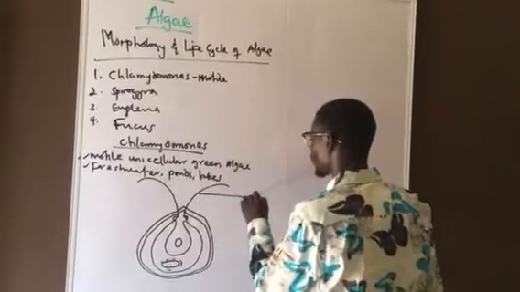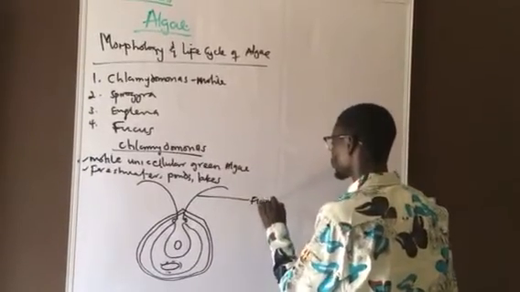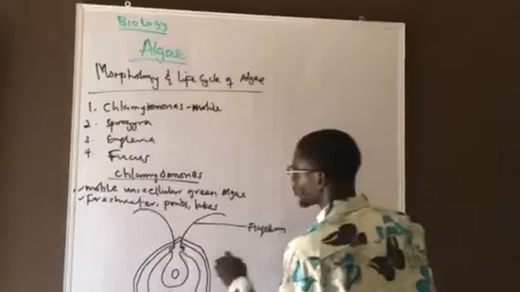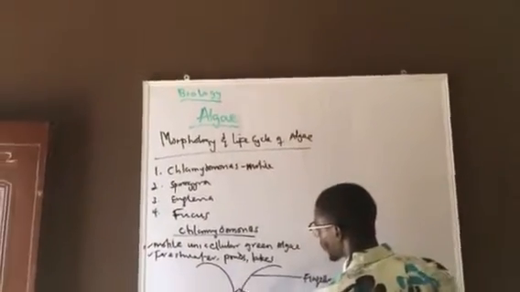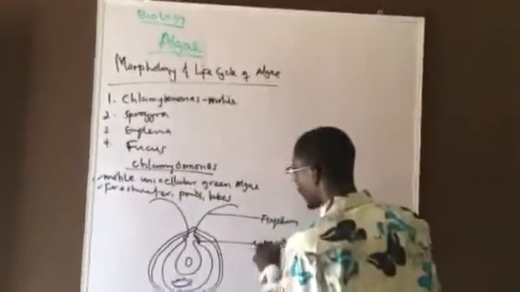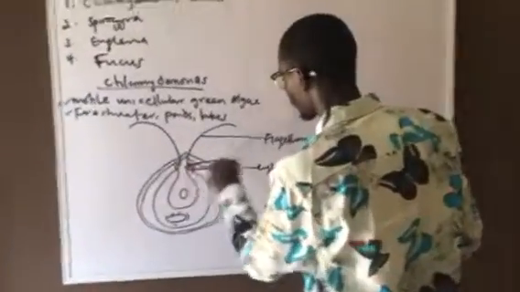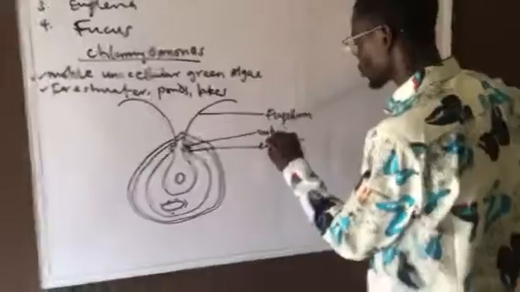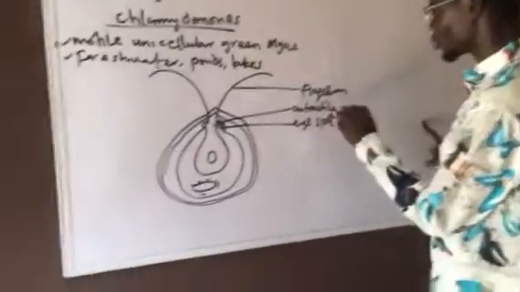So let's say we have this flagellum. Let's say this is our eye spot. It has an eye spot. It also has a contractile vacuole.